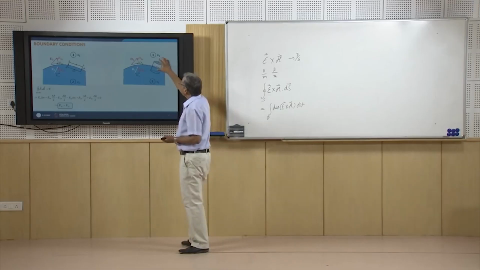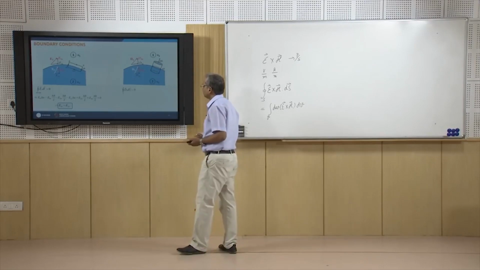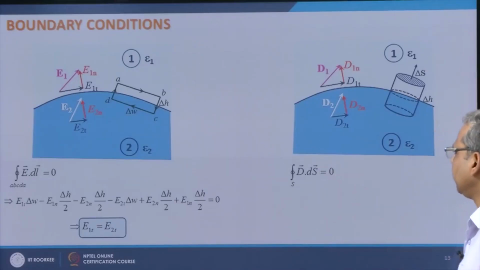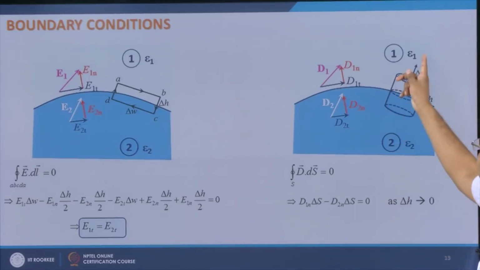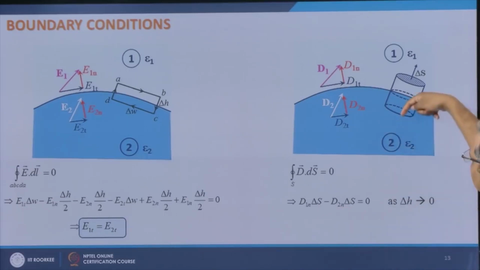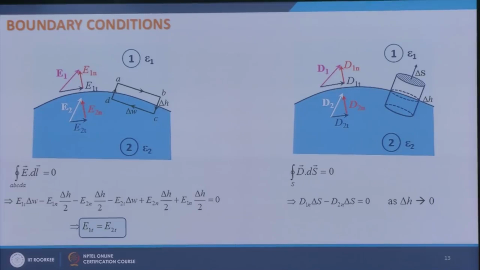Now, in this small pill box, I apply Gauss's law, which gives me D dot ds should be equal to 0. When I do this, I find that it would be D1n times delta S, and this is D2n times delta S with a negative sign.